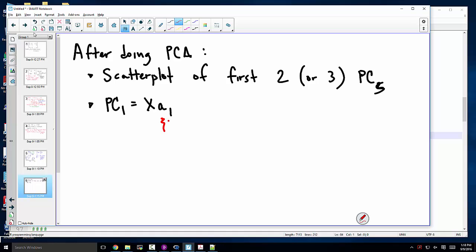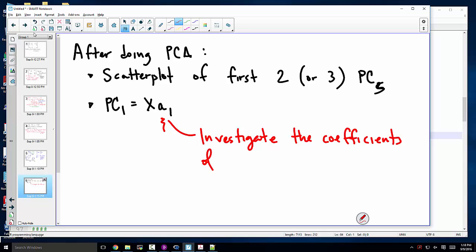So we can investigate the coefficients of our linear combinations and learn about the nature of what makes things different. The scatter plot tells us about what structure is there, what is different. The investigation of the coefficients tells us about how they are different.